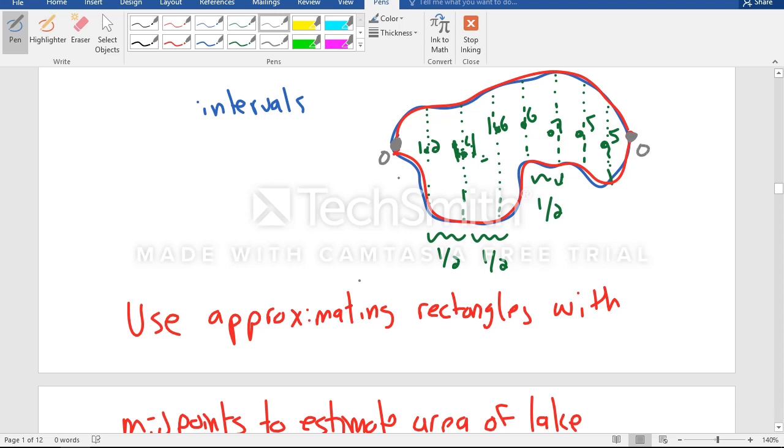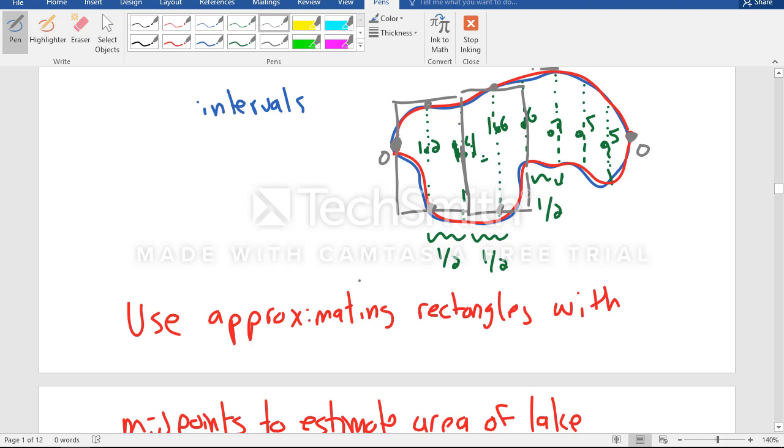So what I'm going to envision is, here's my first rectangle, and then this is my midpoint of that rectangle. And then I'm going to consider this the second rectangle, and here's the midpoint. Again, I'm using this and this as the distance, the midpoint.